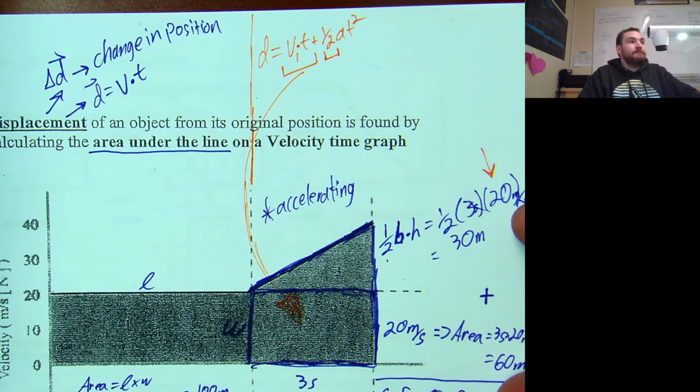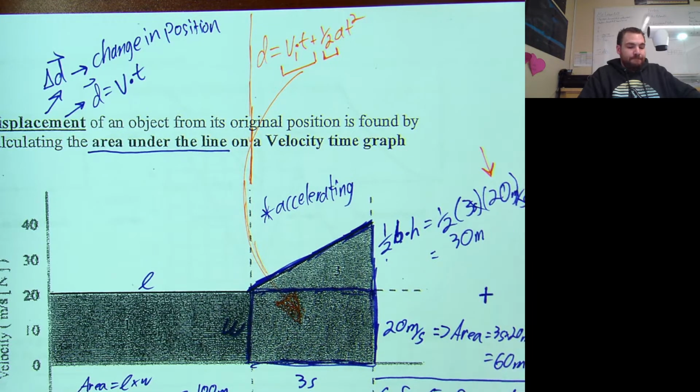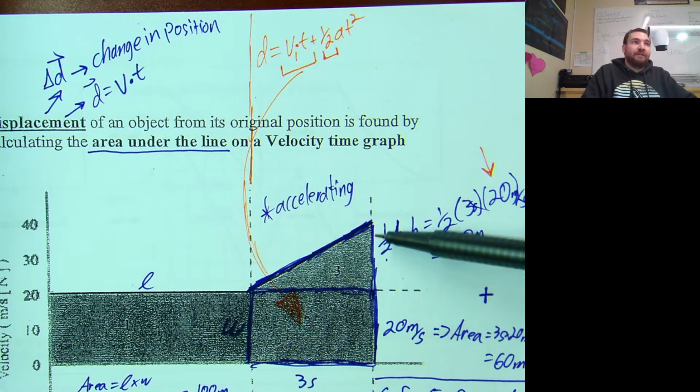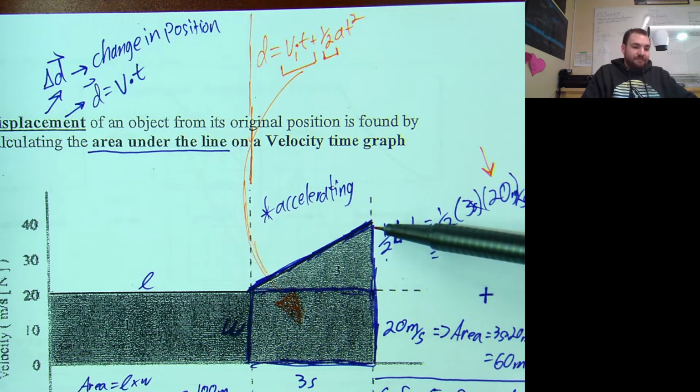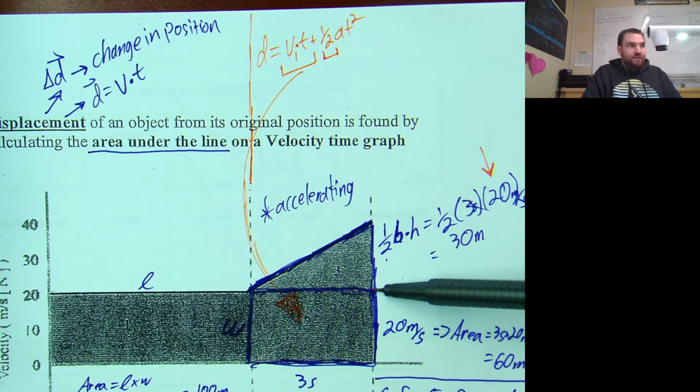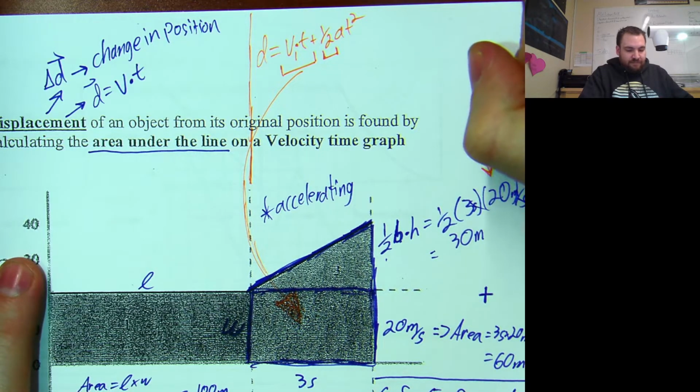It wasn't the length. It was the area, right? Half base times height. So that 20 came from the height of our triangle, yes? How did I find the height of that triangle? And doing what with those values? I subtracted them. I took my final velocity, subtracted my initial velocity, and I got my change in velocity.